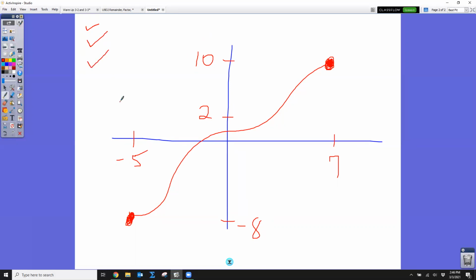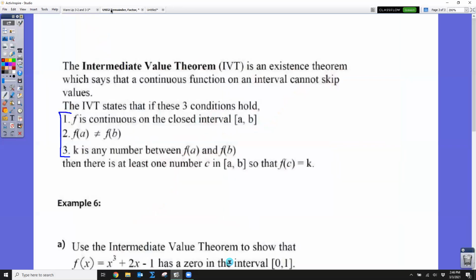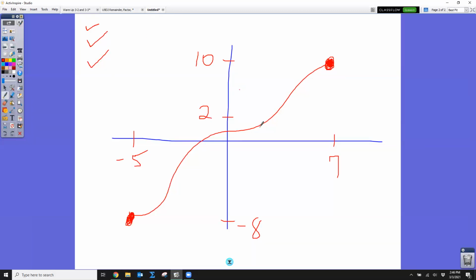If all those three conditions are met, which we have in this example, then there's at least one number c in that interval such that f of c equals k. Here's where 2 would be on our graph, right there at that spot. There's some c right here such that f of c is equal to 2.